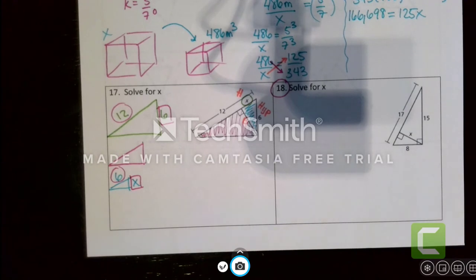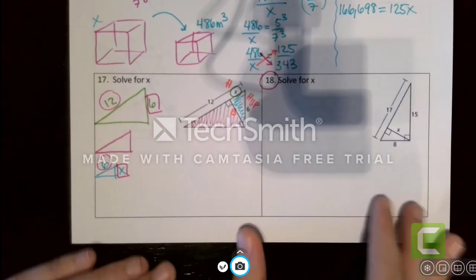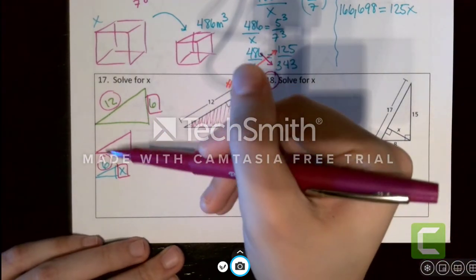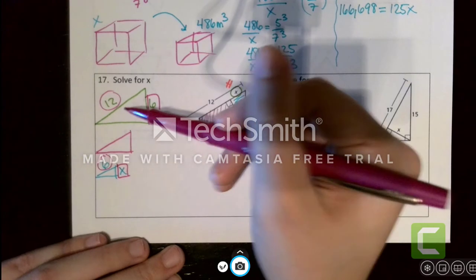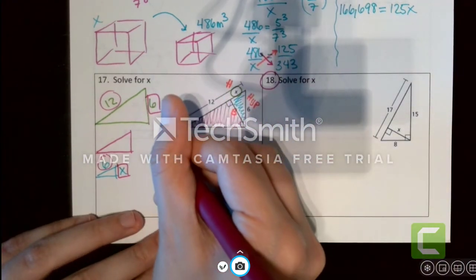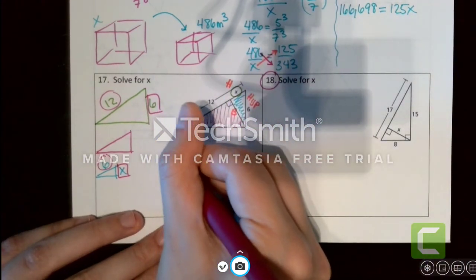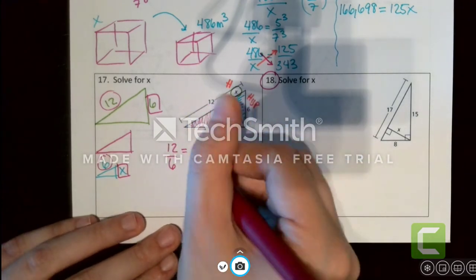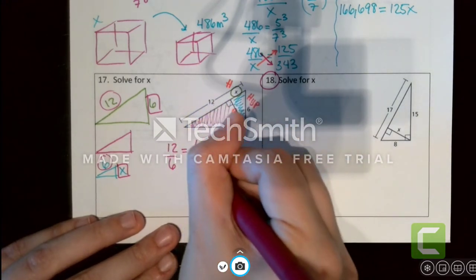Once you find every measurement that is proportional to each other, then you start pairing it up in an equation. I'm going to put my biggest value over my smallest. Starting with the hypotenuse, that means I should have 12 over 6 is equal to my heights, which is 6 over x.